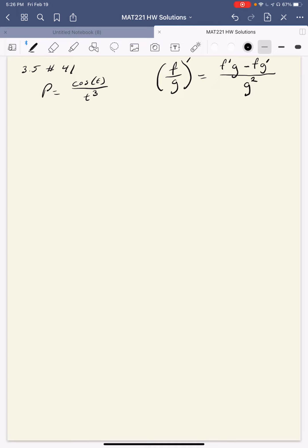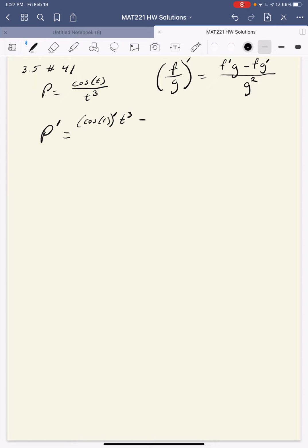So I'm going to use my technique where I write this out. The derivative of p is equal to, so I'm going to need the derivative of the cosine of t, times the denominator, which is t cubed.